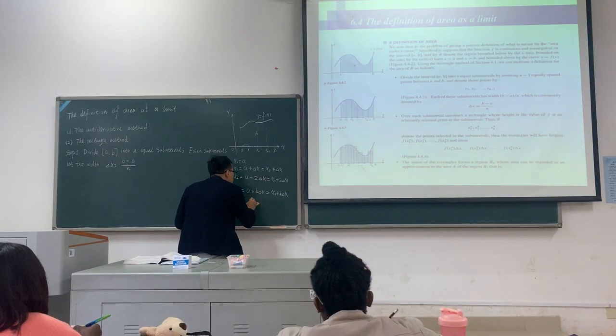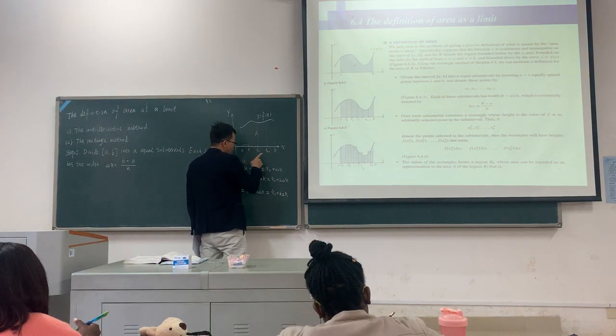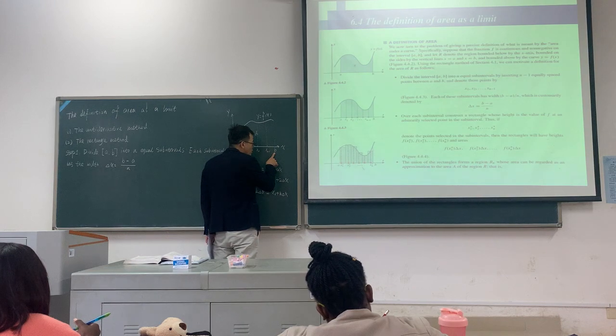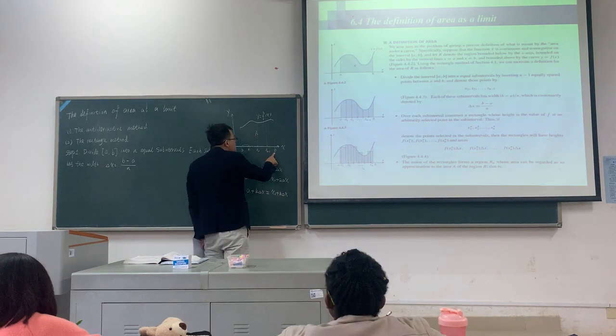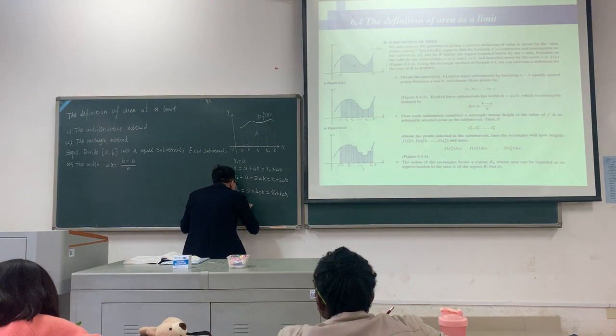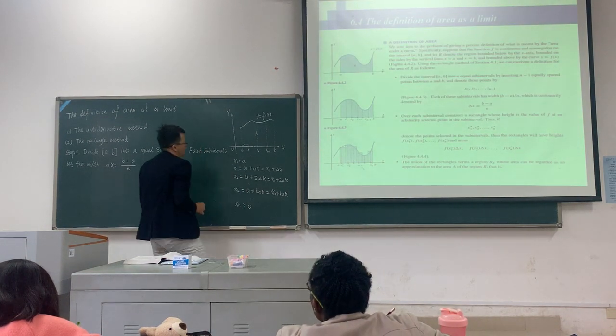So go on to the last, the right endpoint, B. The right endpoint we denote by xn, which equals B.